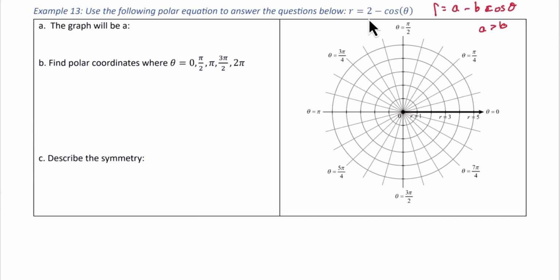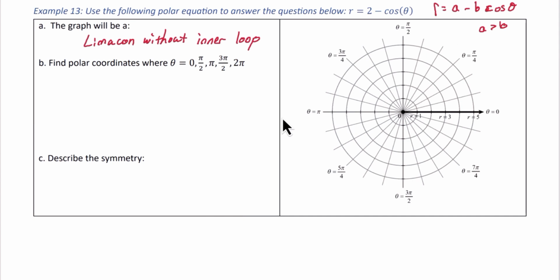So if a is greater than b, we're looking at a limaçon, and this one will be without an inner loop. Remember, if b is bigger than a, that's when we have the inner loop. Here, a is bigger than b, so no inner loop.